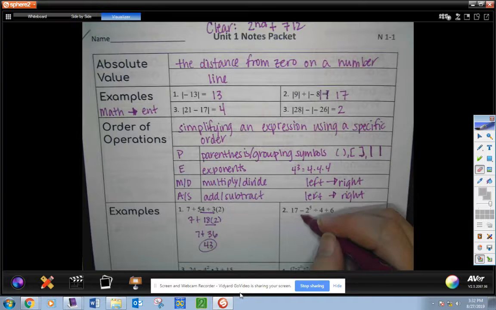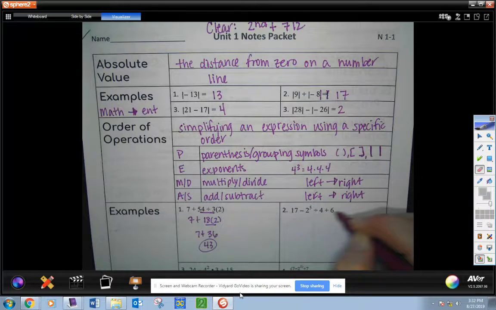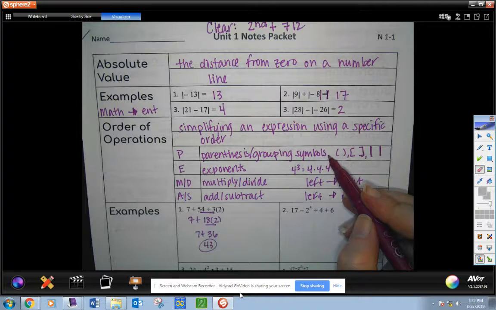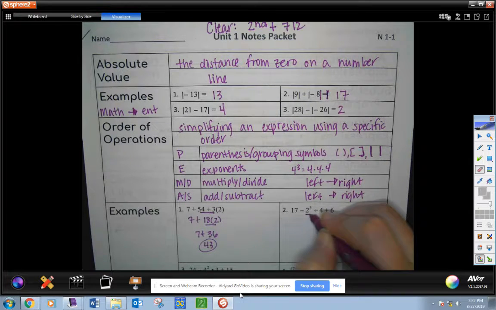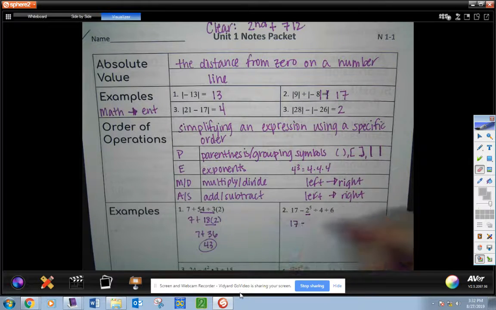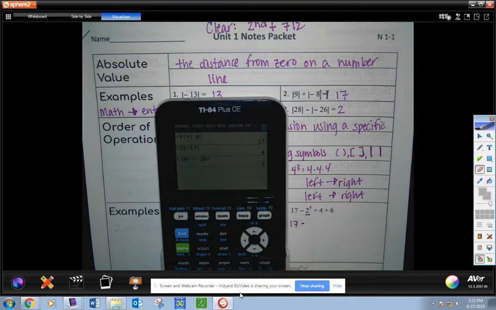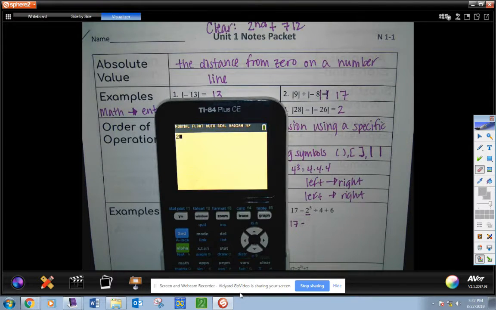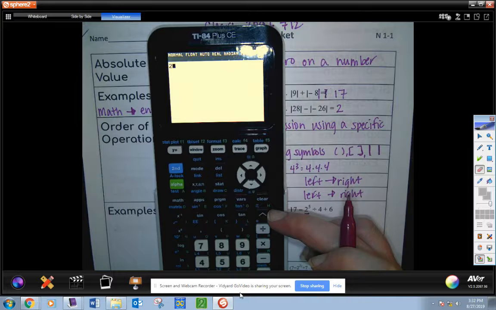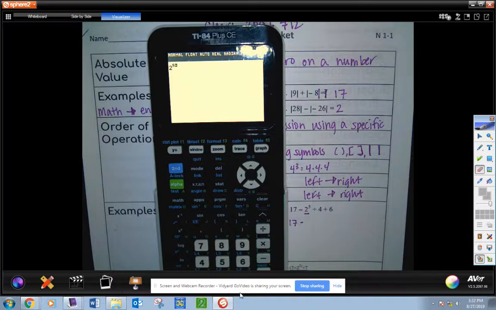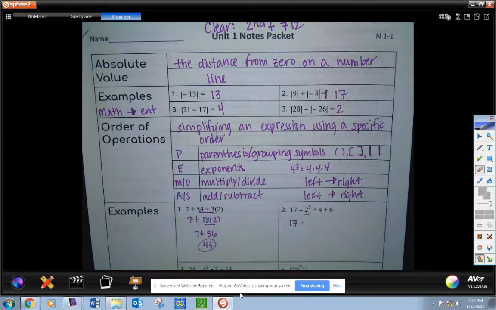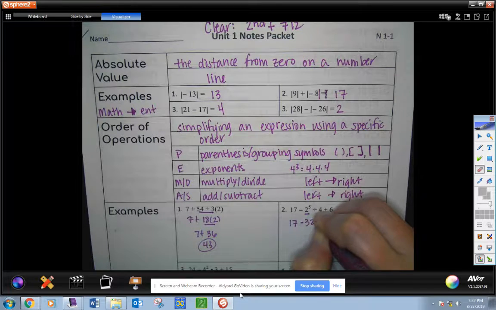For 17 minus 2 to the 5th divided by 4 plus 6, I have no parentheses, but I do have exponents, so I have to do the exponents first. So I'm going to do 17 minus... To do 2 to the 5th in your calculator, you press 2, then the button right above divide, and then 5, and that gives you 32. Bring down divide by 4 plus 6.